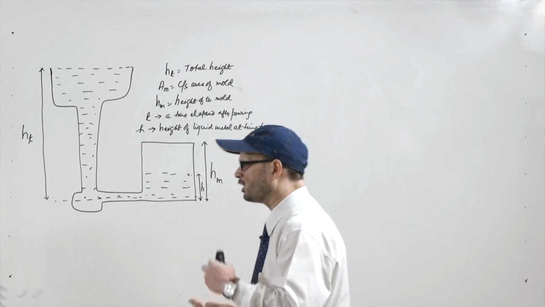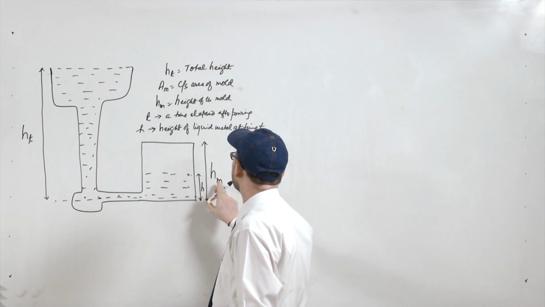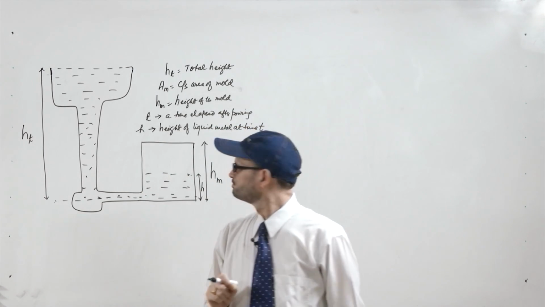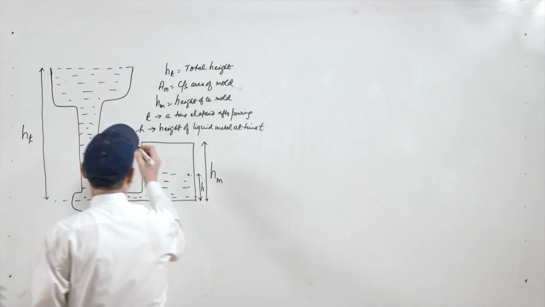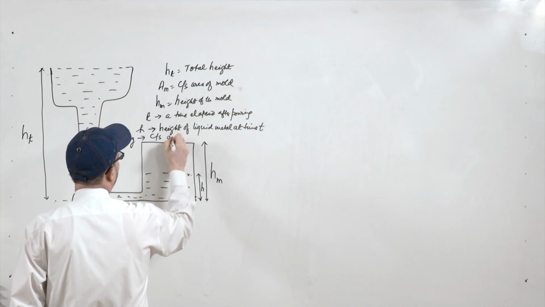However, it will go on decreasing and that will be root under 2g into HT minus H. AG is taken as the cross sectional area of the gate.